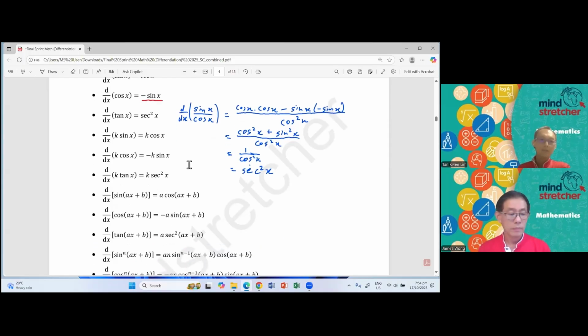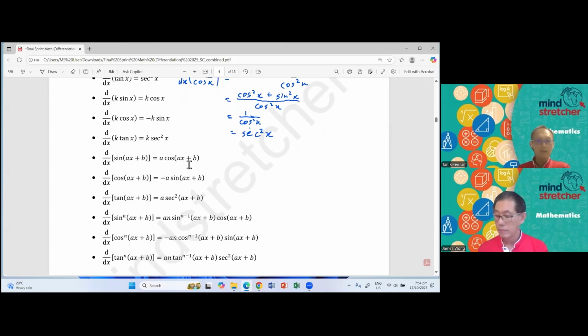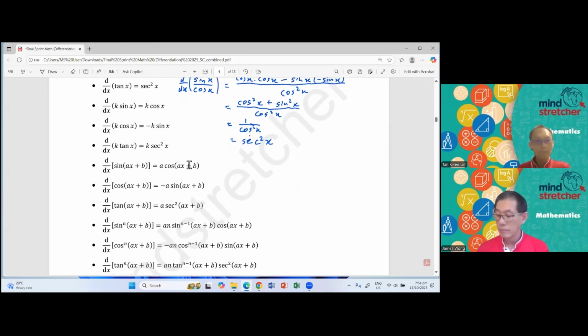Okay, all right. Then the next group that you see here is actually if there is a case of not just a simple x as the angle. If this is going to be sine of ax plus b, right? And differentiation of this, what will happen?